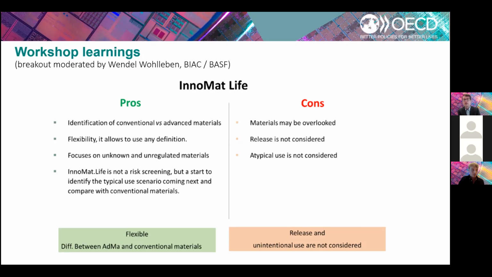It allowed the use of any regional definition of what's nano or not nano. It focused on unknown and unregulated materials. And it's not a risk screening, but a start to identify the typical use scenario. So the flexibility and the differentiation between advanced and conventional materials were the summary of our advantages.